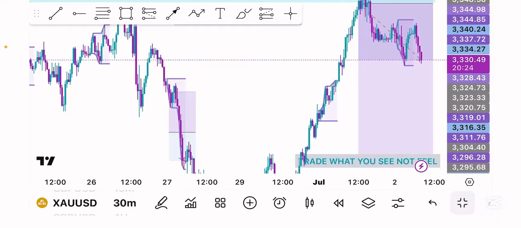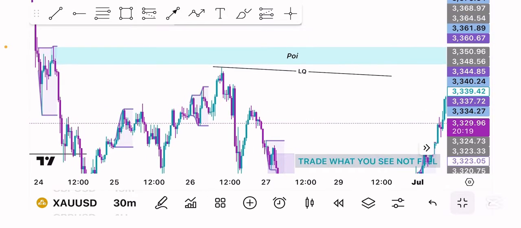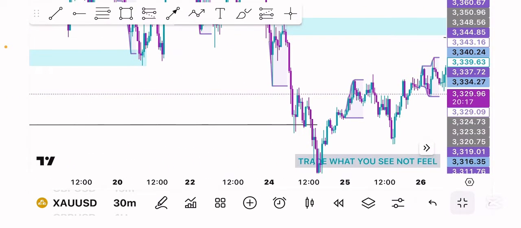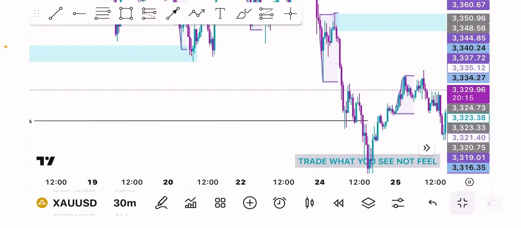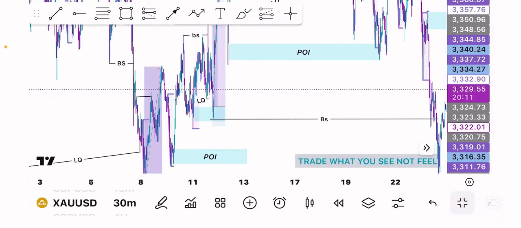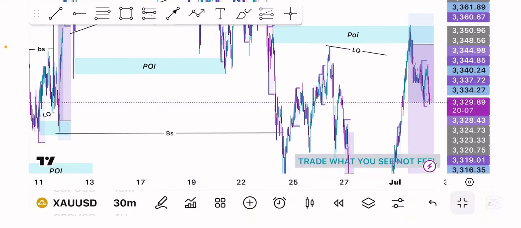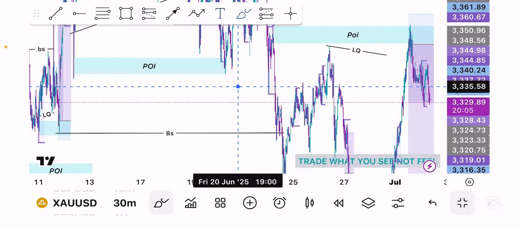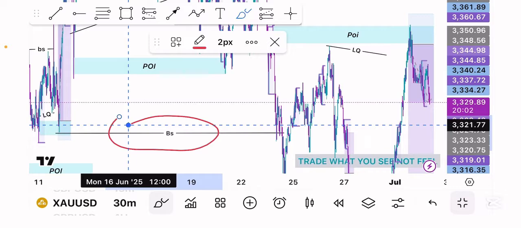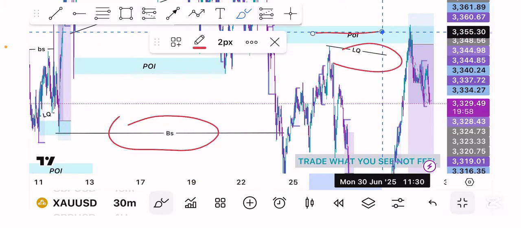Telling you what I saw before I entered this trade is simply my break of market structure, my liquidity, and my point of interest.